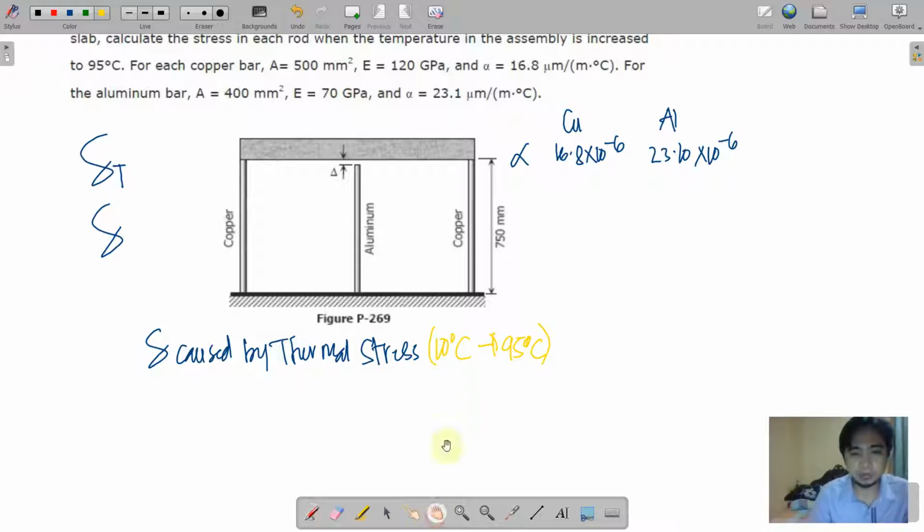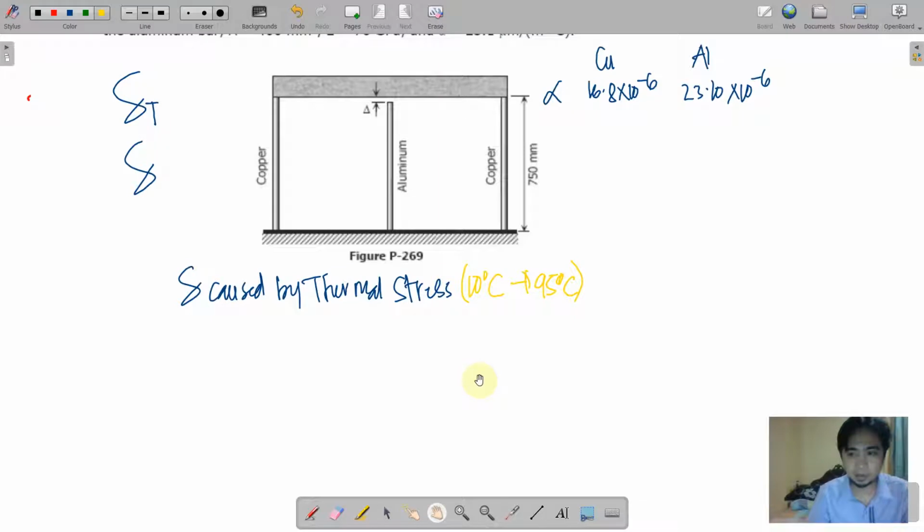So we can compute the corresponding deformation.